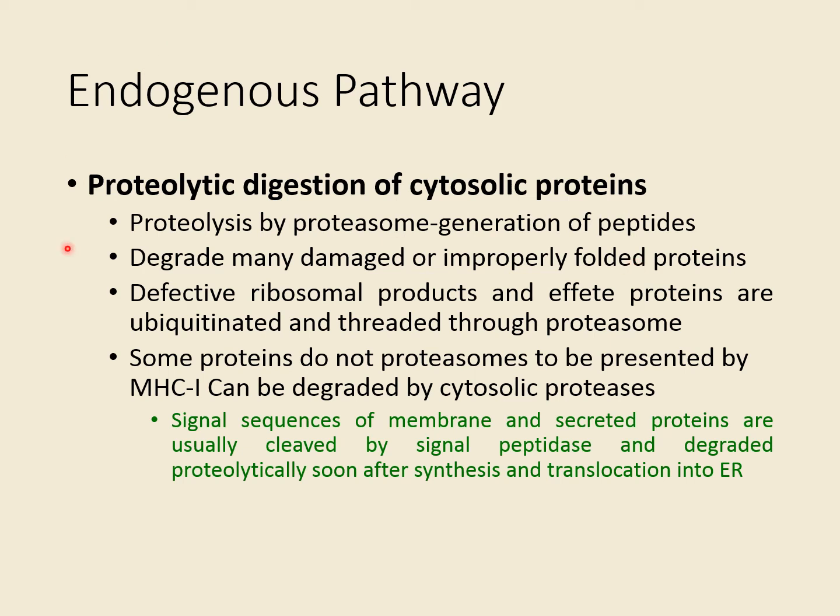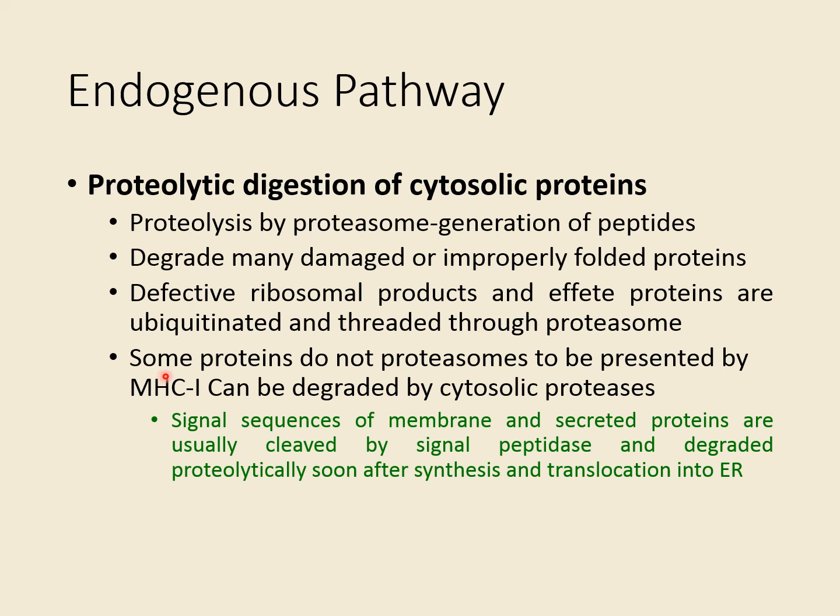On average, 6 to 8 amino acids are added to the elongating chain of amino acids every second, and out of these, approximately 20% of the newly synthesized proteins are misfolded and need to be eliminated. Similarly, defective ribosomal products and affected proteins are also ubiquitinated and threaded through the proteasome.